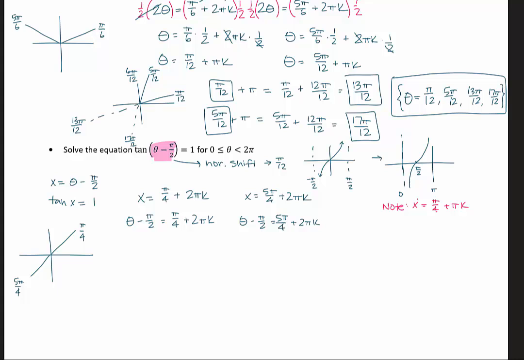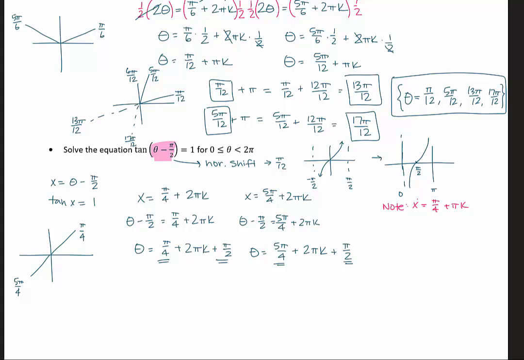So when I add pi over 2 to the other side, I can only combine like terms. And so pi over 4 and pi over 2, neither of them have a k in them, whereas the other one has a k. So I can't add it to the one that has a k. And then the same thing is true here. I have 5 pi over 4 plus 2 pi k plus pi over 2. And so I'm only going to add like terms.